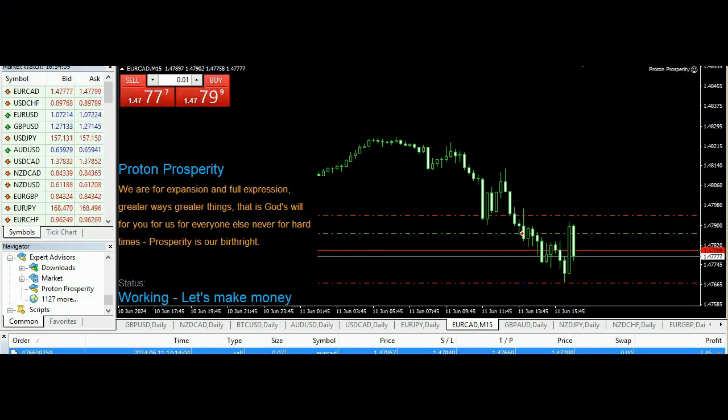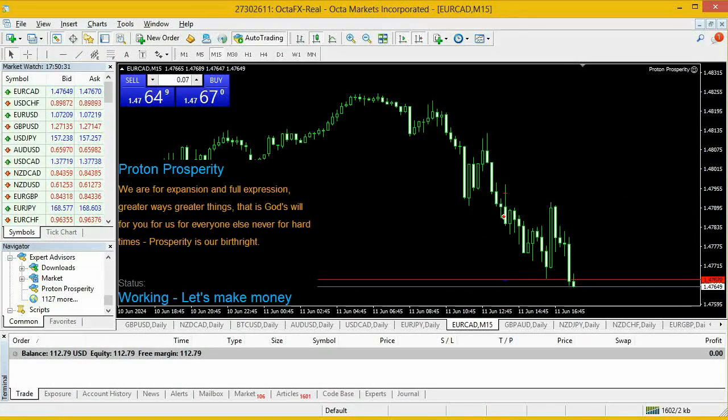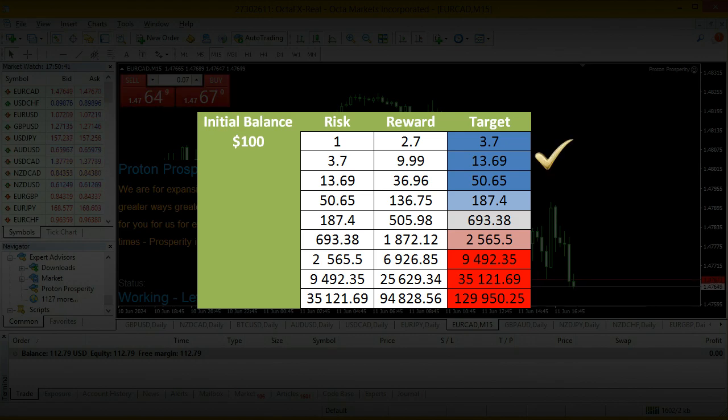About 3 hours 35 minutes into the trade, take profit triggered. That brings us here.